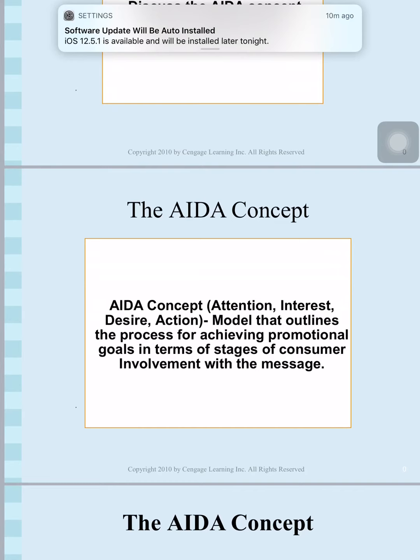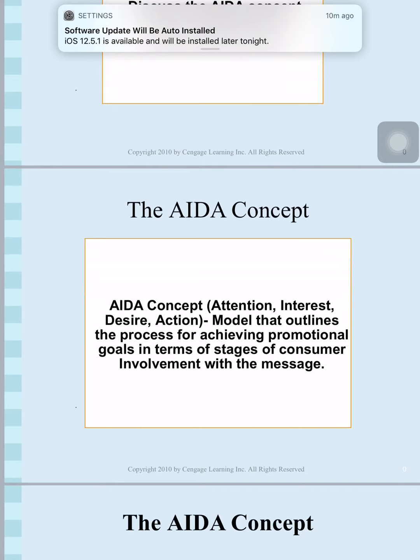I hope you are clear about AIDA. First is attention, to create awareness and to gain attention for new products. This stage is normally used when you develop or innovate a new product line.